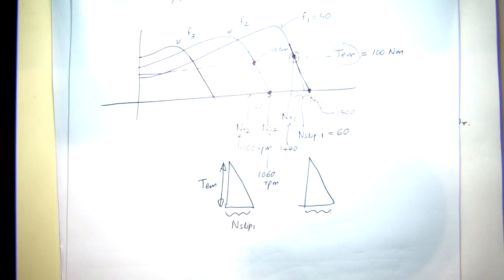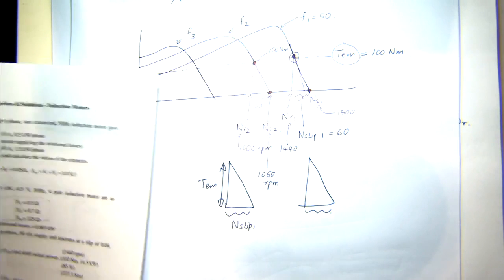Any questions on that V over F control aspect? So the supplementary questions, the third question, says a three-phase 50 Hertz 4-pole 5 kilowatt 415 volt induction motor has a full load speed of 1455 RPM.